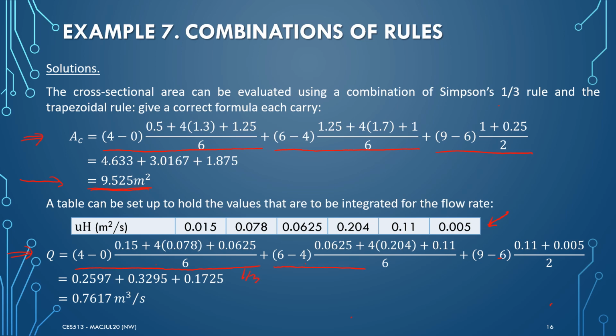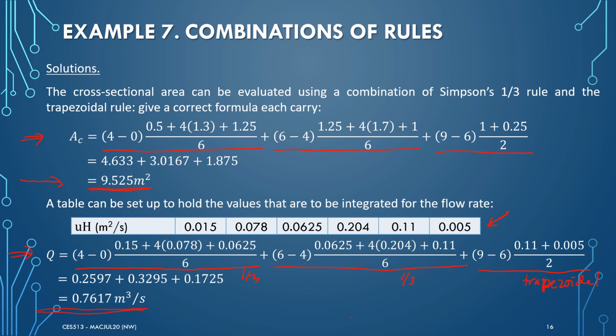And then the second 3 points from 4 to 6 also use the one-third rule. And the last 2 points are calculated using the trapezoidal rule. In the end, for the summation of flow rate, we will get 0.7617 meters cubed per second.